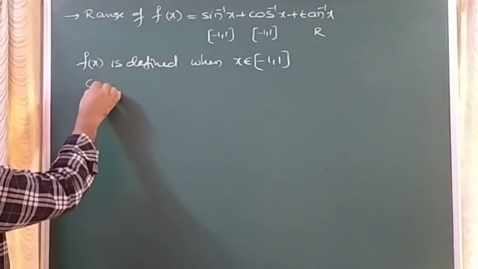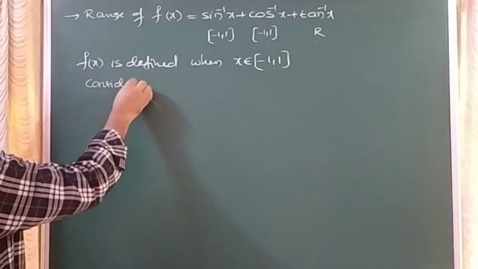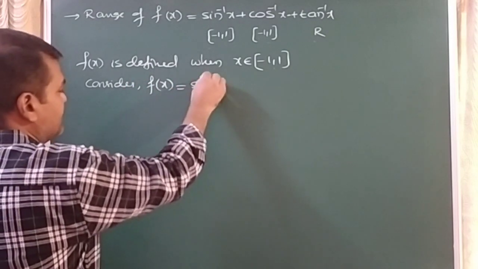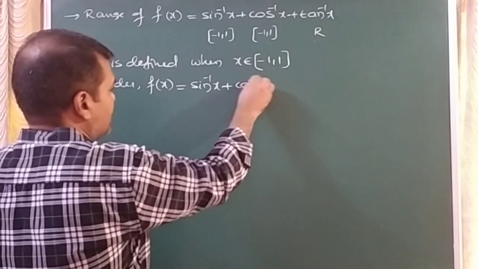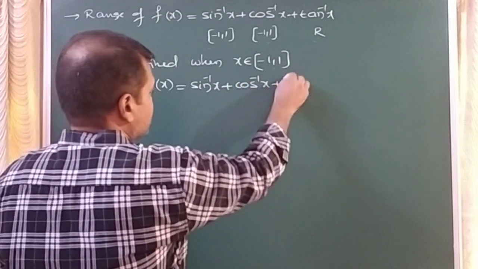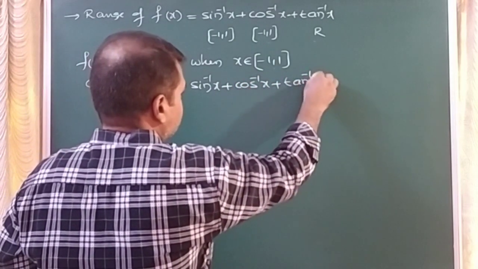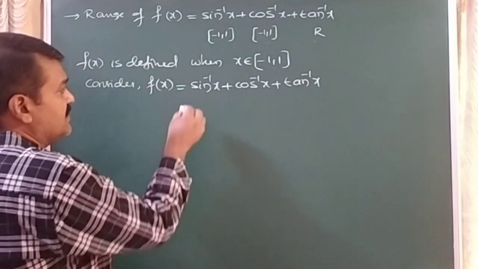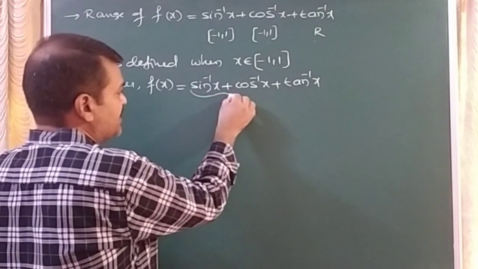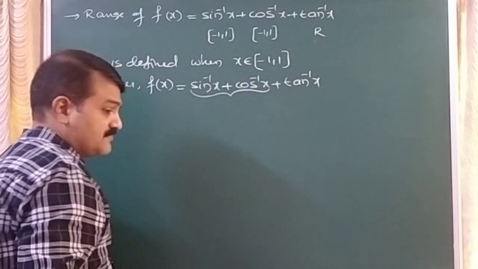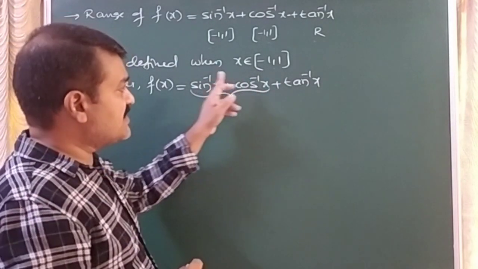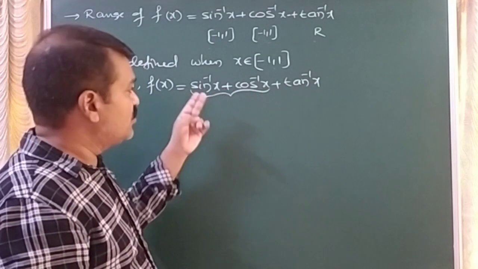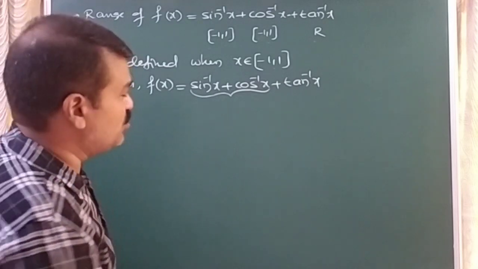Okay, now consider the given function, that is sin inverse x plus cos inverse x plus tan inverse x. You want the range. That means you want the interval of f of x. So in inverse trigonometric functions, sin inverse x plus cos inverse x, this is the standard identity whose value is pi by 2.